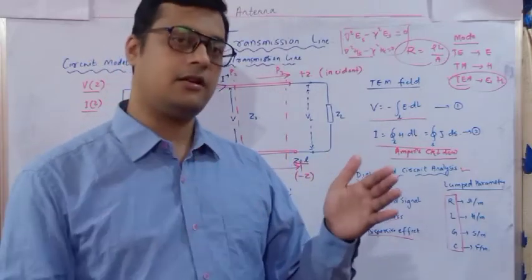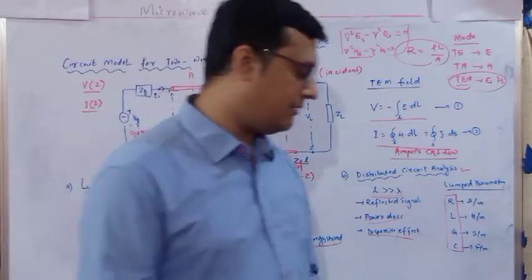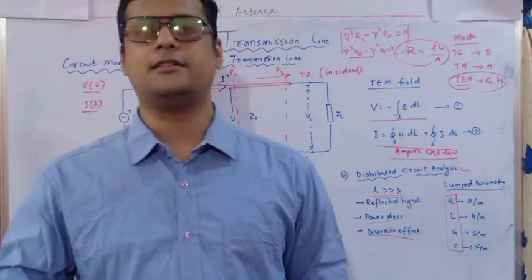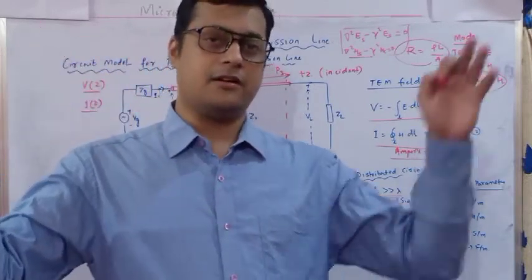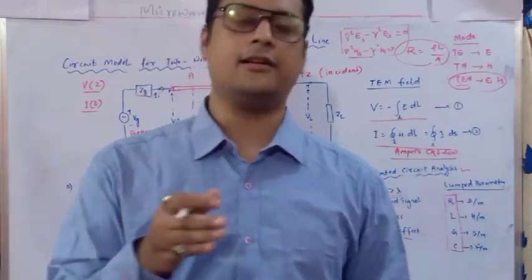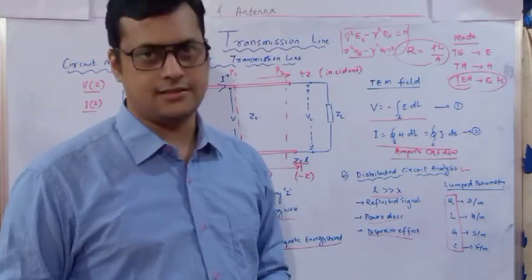So in order to reboost it, we use repeaters. In our communication course we have discussed repeaters. The repeaters are placed at equal distances from transmitter end to receiver end. If it is 100 kilometers, at every 10 kilometers I will put one repeater, so that it will reconstruct the original signal.